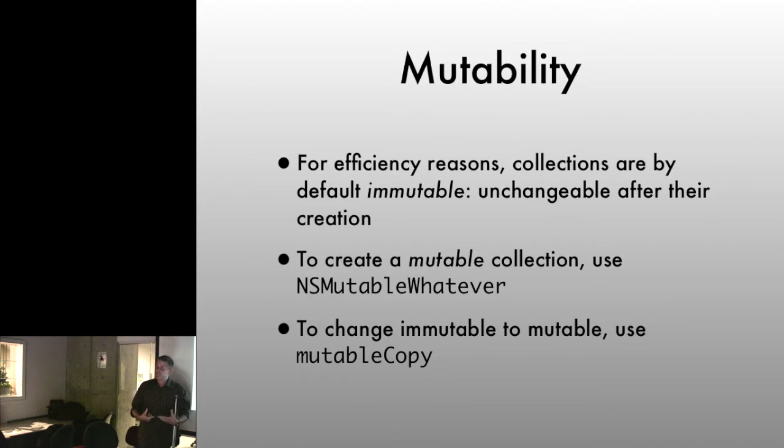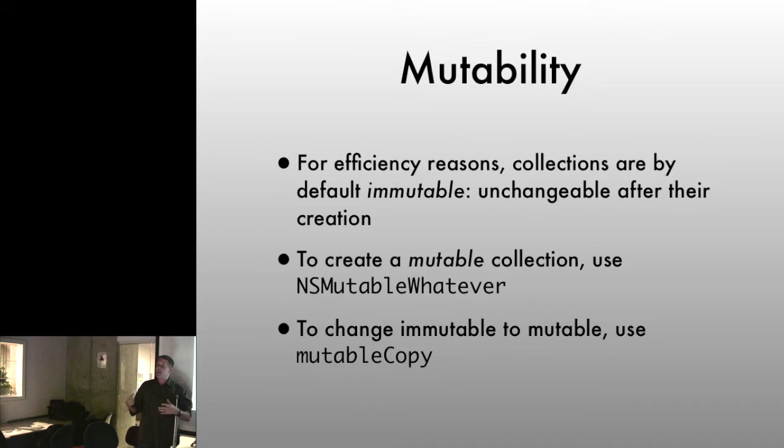However, if you need to have a mutable collection, they are created with the keyword mutable in front of the name of the collection that you're trying to create. So, for example, if you need a mutable set, it's NS mutable set. If you need a mutable dictionary, it's NS mutable dictionary, and so on.